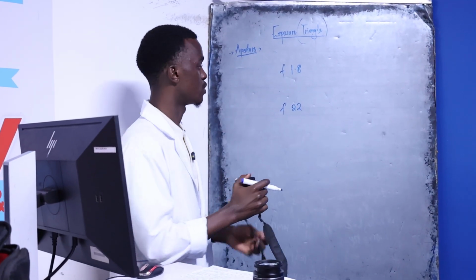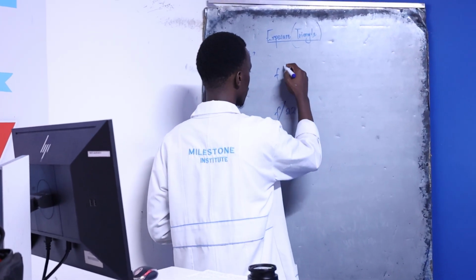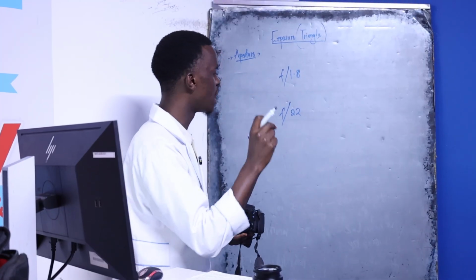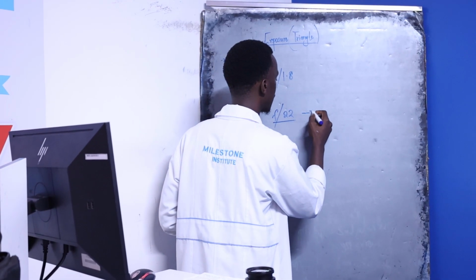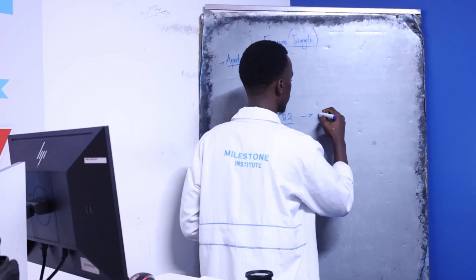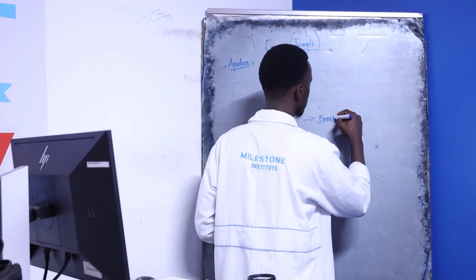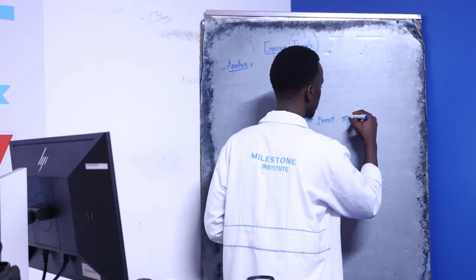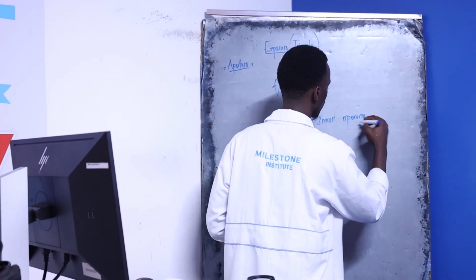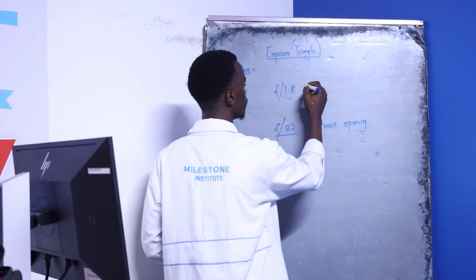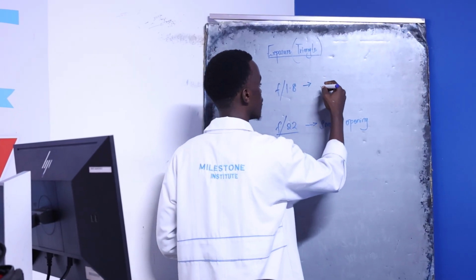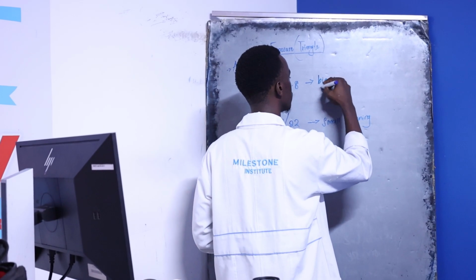We've said the bigger the number, the smaller the opening. So with a very big number like f22, you have a very small opening. A bigger f number, a smaller opening. A smaller f number, a big opening.